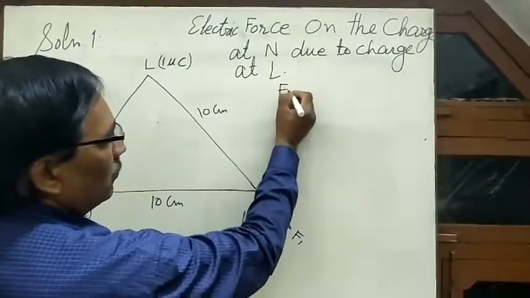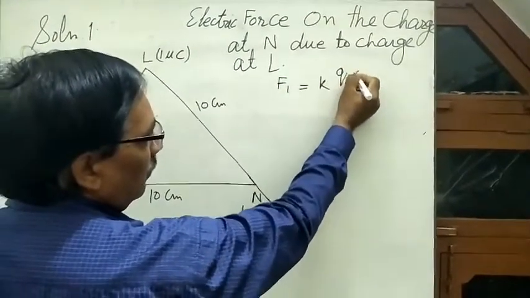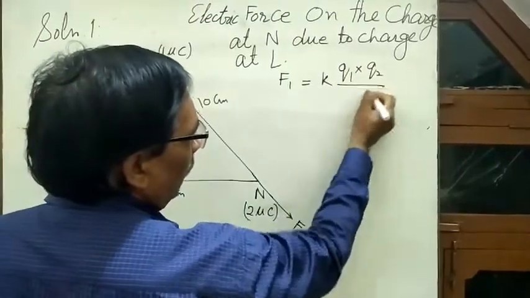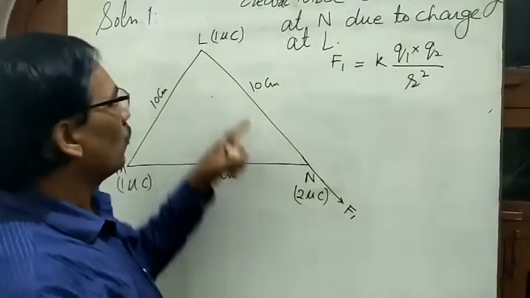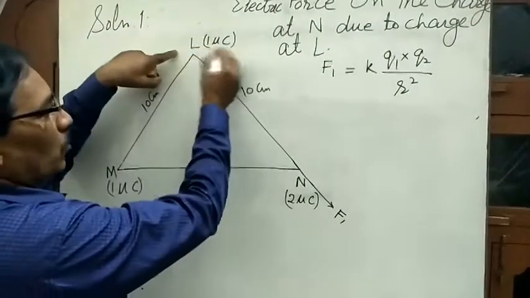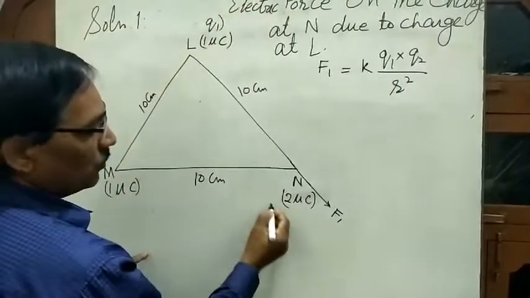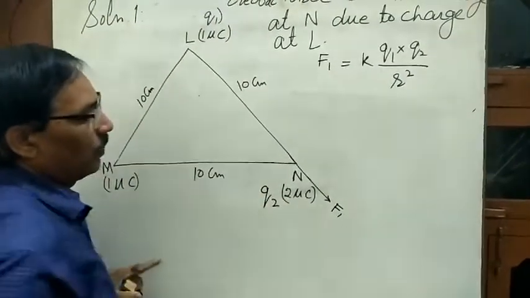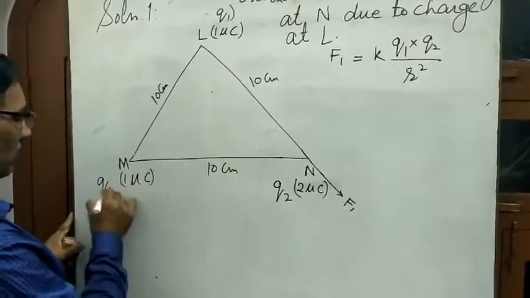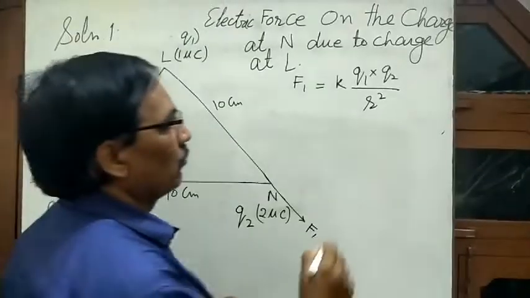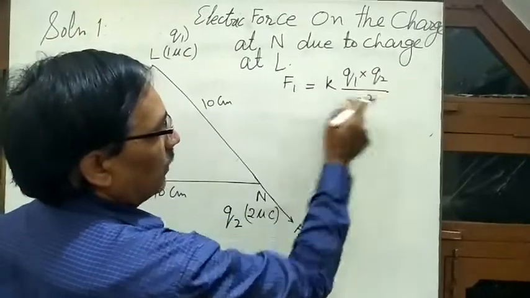F1 is equal to K Q1 into Q2 by R square. Say this one is Q1, this one is Q2, and suppose this is Q3. Force between Q1 and Q2 is K Q1 Q2 by R square.